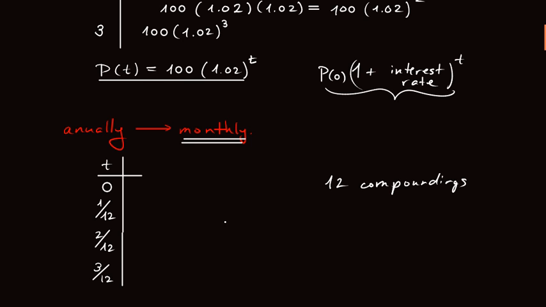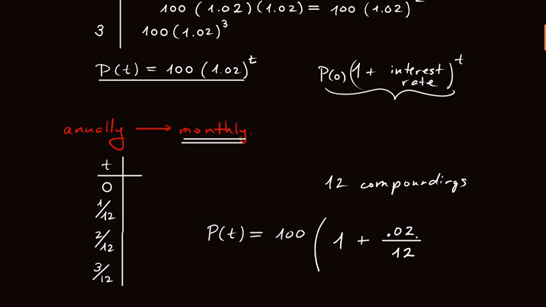Okay, so what this means is the formula changes. You have the initial principal, just as before. It's still $100. You're still investing $100. But instead of 1 plus 0.02, you're going to take 1 plus, and then you have to divide up the yearly rate into 12 equal parts.